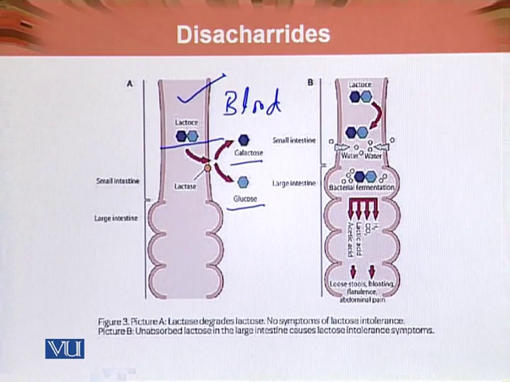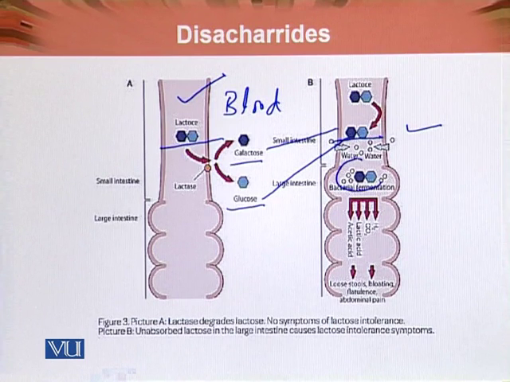While in lactose intolerance, this lactose cannot be converted into galactose and glucose, so it remains inside the lumen of the intestine and causes bacterial fermentation, which produces hydrogen gas, CO2, lactic acid, and methane gases, which cause dyspepsia, flatulence, and ultimately diarrhea.